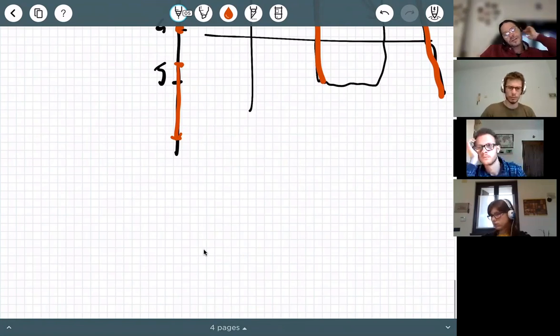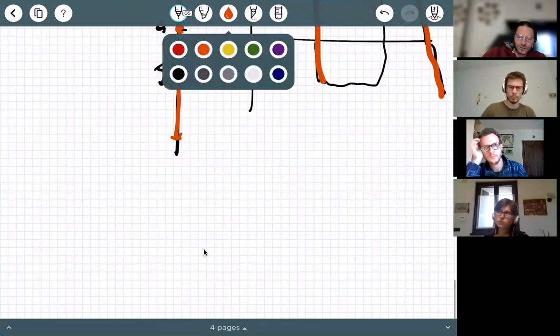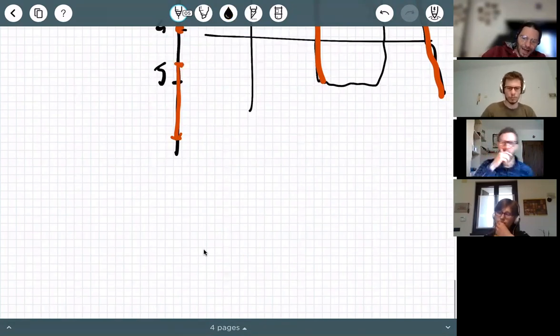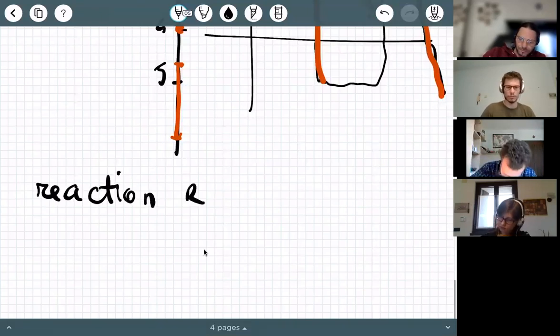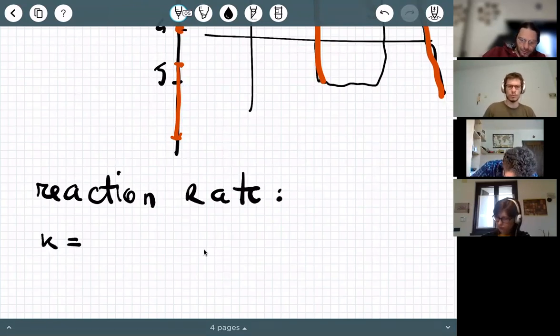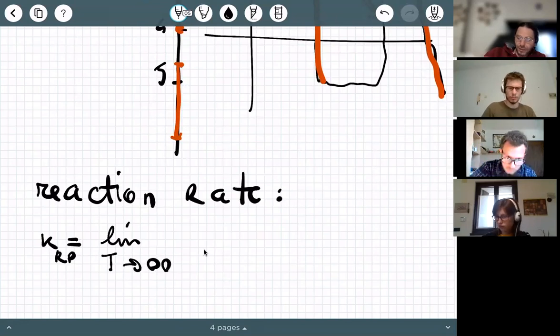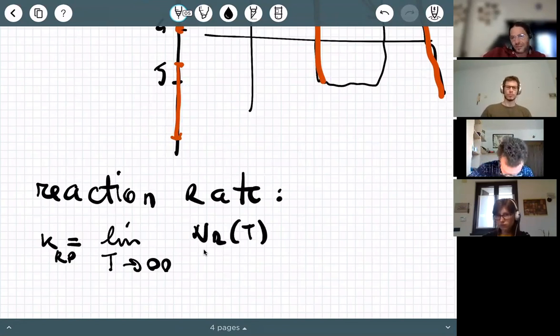Now, I can define a fundamental concept in physical chemistry, that is the reaction rate. The reaction rate kappa from R to P is the limit for the time interval that goes to infinity of the number of reactive pieces of my trajectory up to time t divided by time t.